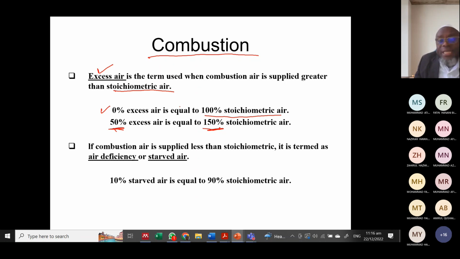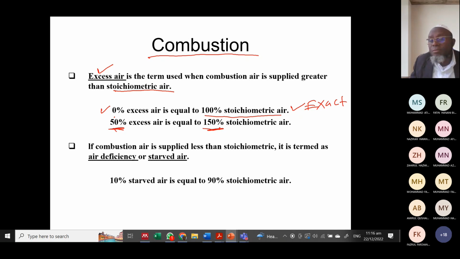So 0% excess air is the standard. It means I'm putting 100% stoichiometric air, the exact amount of air which is necessary for a complete combustion.